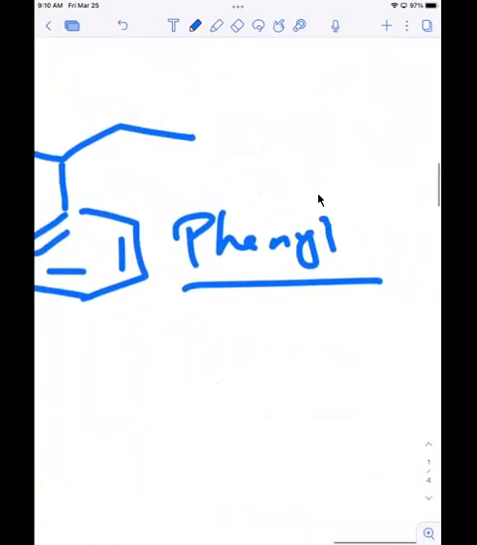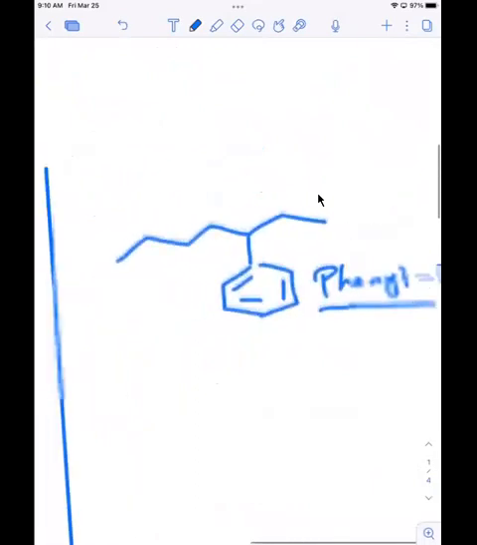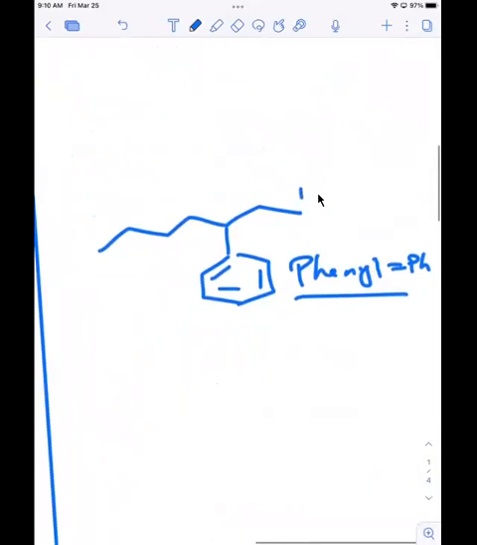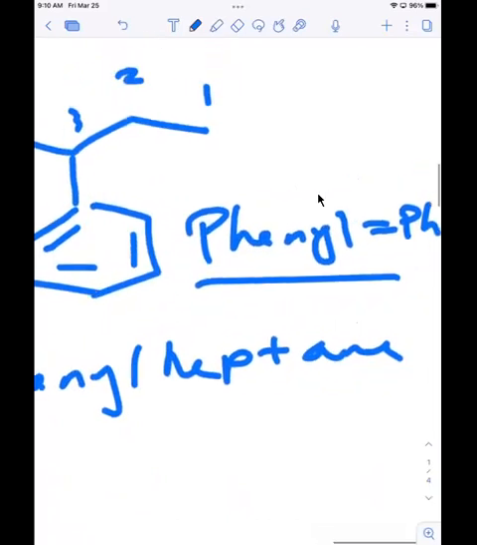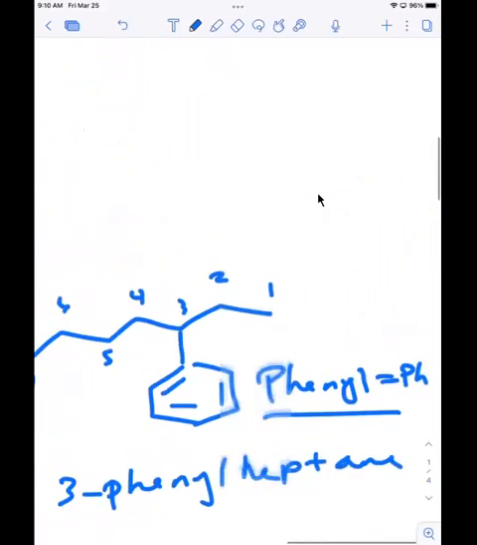And it's abbreviated as Ph. So this would be 1, 2, 3, 4, 5, 6, 7. So 3-phenylheptane, right? So when the ring is a substituent, we call it phenyl.